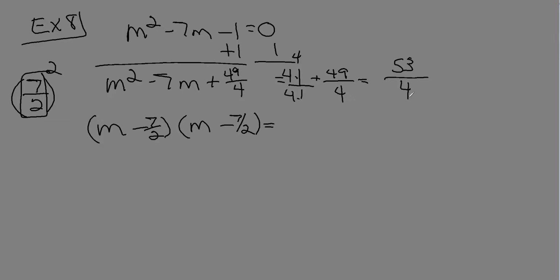Really important in this section, in all of math, really. So for now, we've got this as 53 over 4. And then I can rewrite this to be m minus 7 over 2 squared equals 53 over 4.